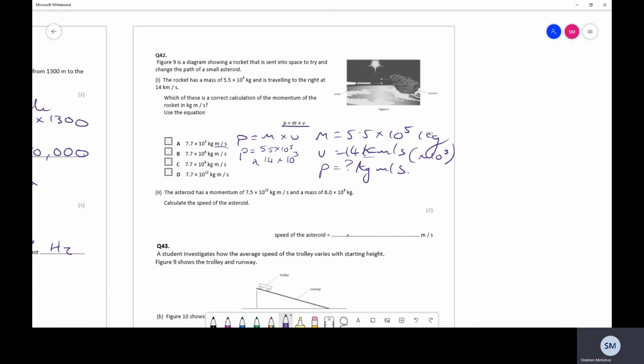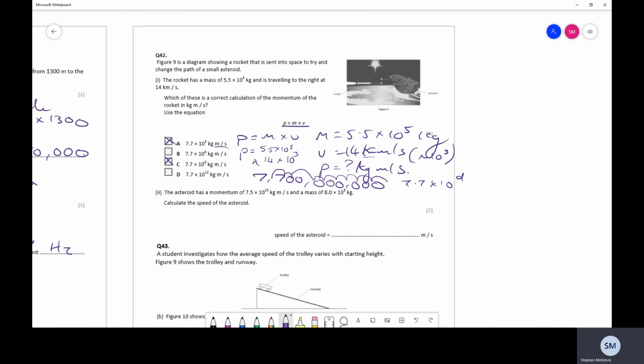And I have got this great big number. So I would scribble this down, 77,000,000,000. Let's count them across: 1, 2, 3, 4, 5, 6, 7, 8, 9. So I've got 7.7 times 10 to the power of 9. And that is an answer that is given to me here. So my answer is C.